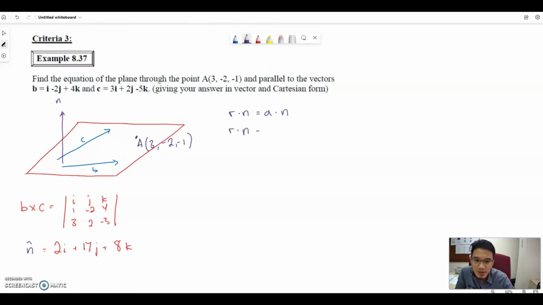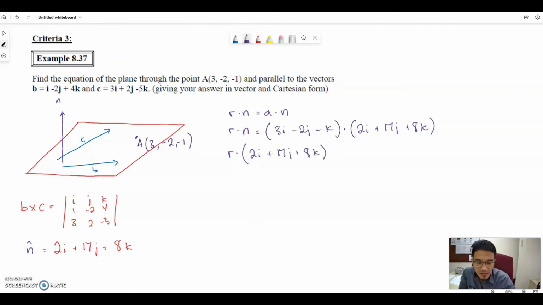So r dot n equal to a, which is the position vector of point A, 3i minus k, dot product with vector n, 2i plus 17j plus 8k. Then we have r dot n, where n is 2i plus 17j plus 8k, equal to -36. So this is the vector equation.